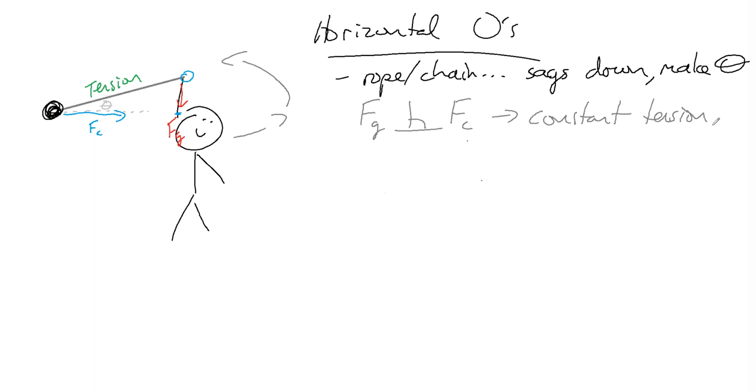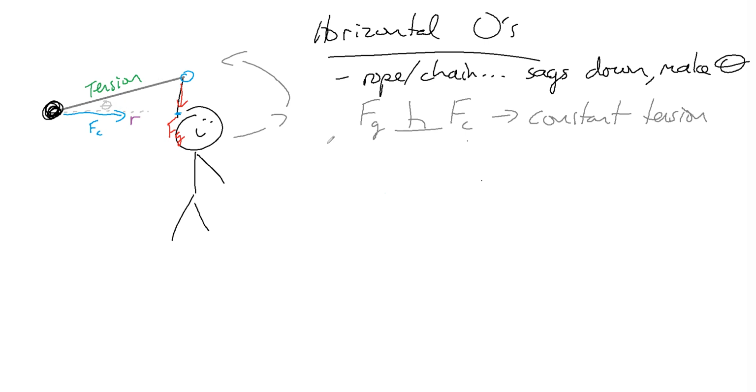But there is one other slight change that we have, and that has to do with the radius. The radius is no longer along the actual rope itself. The radius is down here. It's that distance over here.